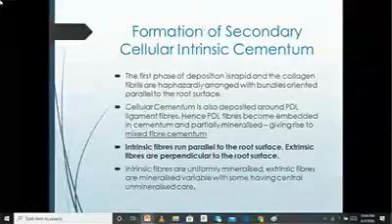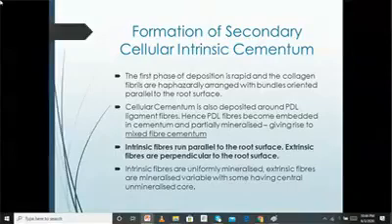They are variably mineralized. What does that mean? That they have a central core which is unmineralized, and the outer layers are more mineralized as compared to the core of the extrinsic fiber. So this is another difference between the secondary and the primary cementum.